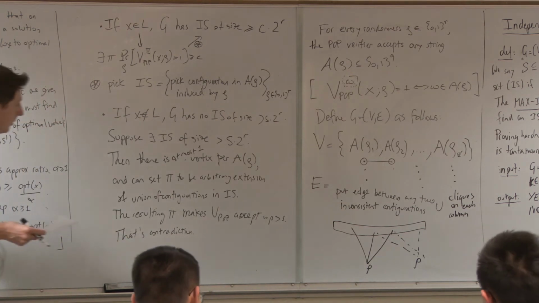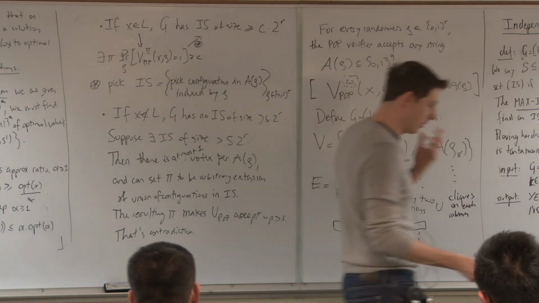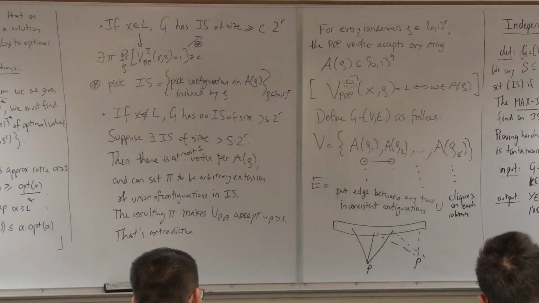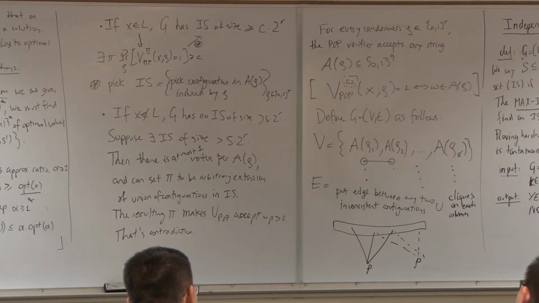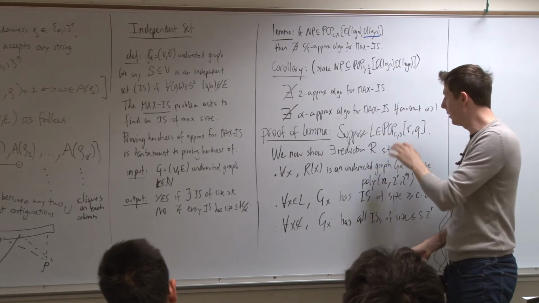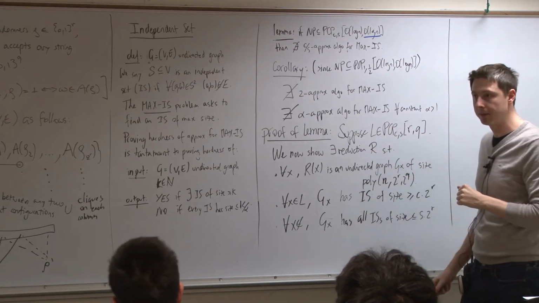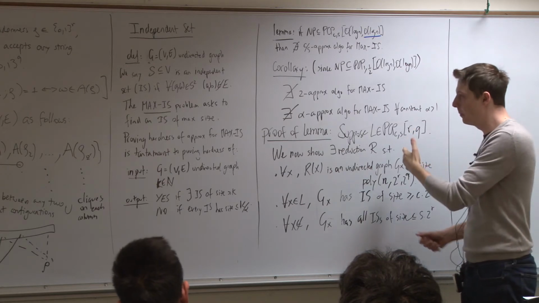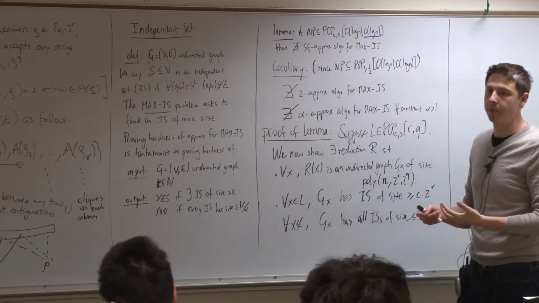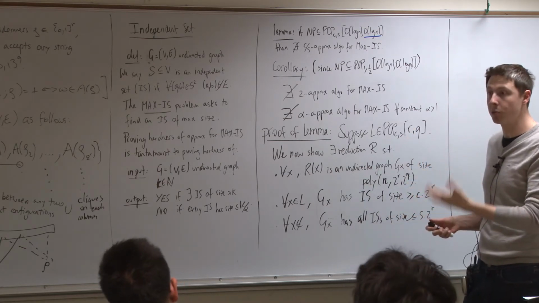Now notice that this felt like a rather standard NP reduction. So where's the magic? The magic is that it's already behind us, right? We're assuming that we have a PCP that gives us this gap between C and S. Once we have the PCP, we have not necessarily smooth sailing, but smoother sailing.